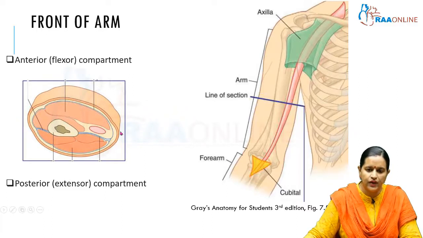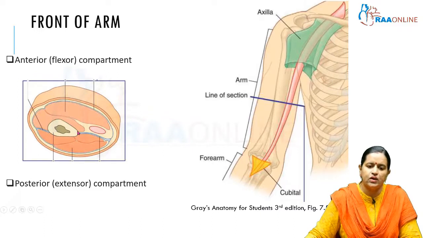This is the skin of the arm. This blue line is the deep fascia. Between the skin and the deep fascia is the superficial fascia. So, from outer to inwards, it is skin, superficial fascia and the deep fascia. And inside, we already know there is the bone called humerus.